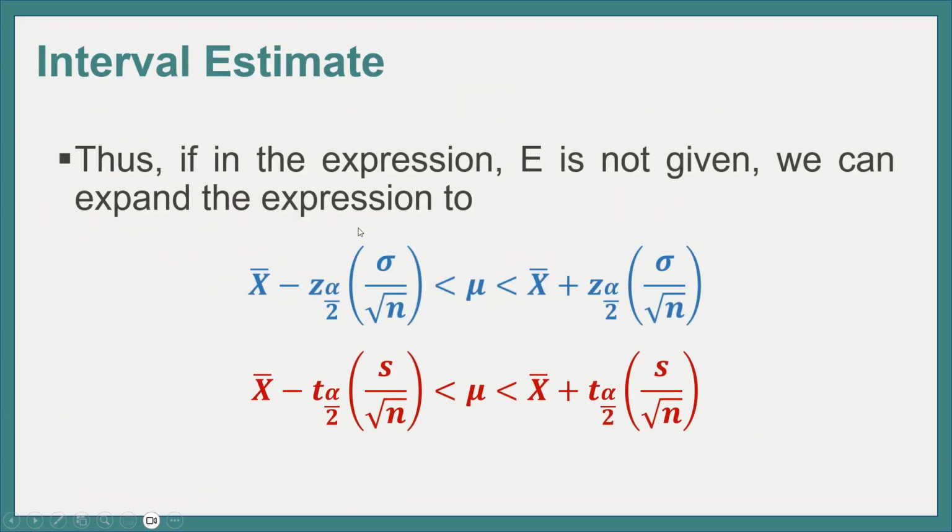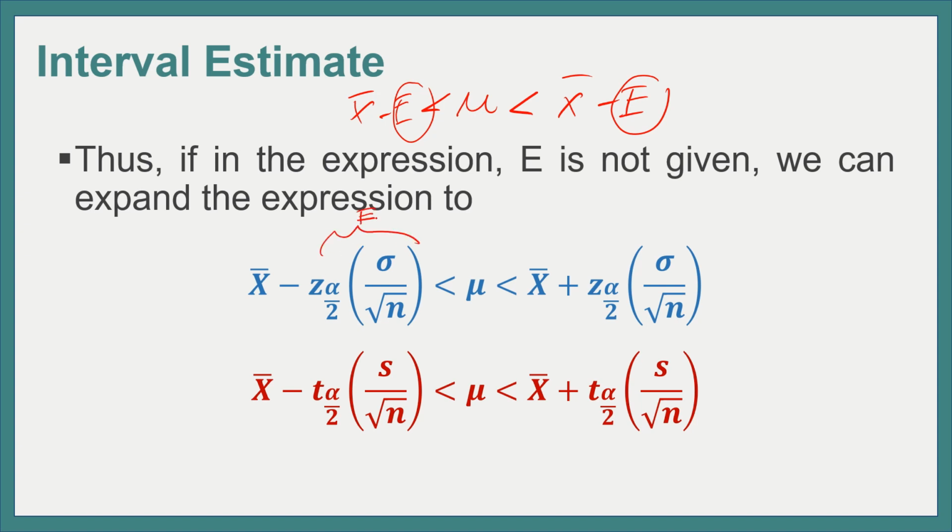So if in our expression the population mean is greater than x bar minus the margin of error, or less than x bar plus the margin of error, and our margin of error is not given, we can expand the expression to this one.